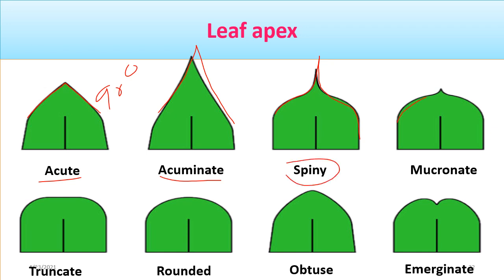Then when it is rounded but exactly at the middle, a sharp hair like small point is present, that is called a mucronate apex. This is truncate shaped, this is rounded, this is obtuse. Obtuse is more than 90 degrees, and this is emarginate type of apex, where two different leaf blades are arising together and forming a symmetrical structure, that is called the emarginate apex.